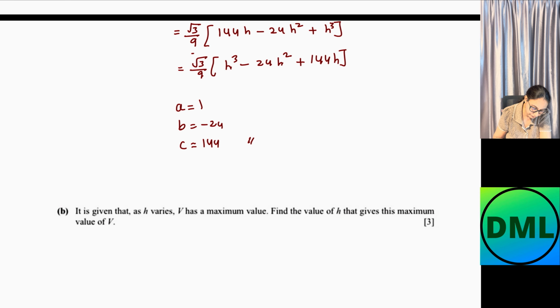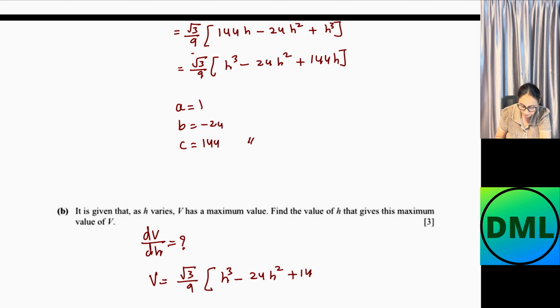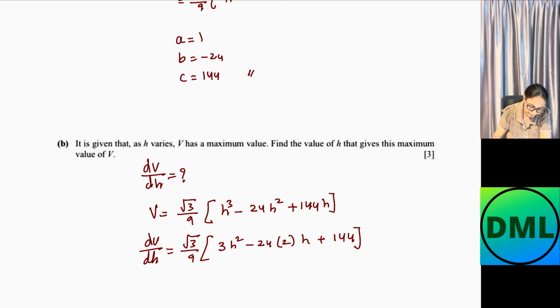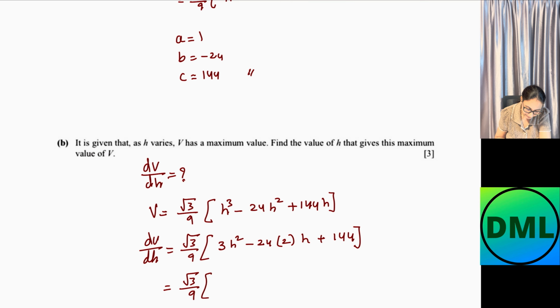Let's find dV/dh first. Let's write down the volume first. My volume is √3/9 h³ minus 24h² plus 144h. I will differentiate that. dV/dh is √3/9 (3h² minus 48h plus 144).